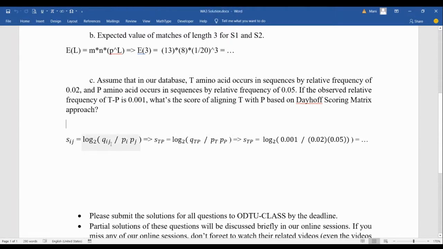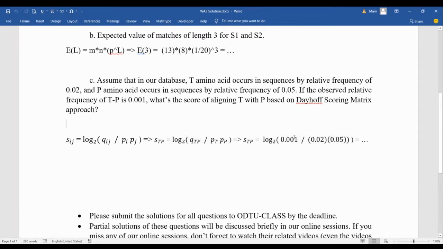So Q is related to aligning two amino acids, for example, T with P again, over the marginal probabilities, like for relative frequency of P or relative frequency of T. And that's what we are calculating here. The base is always 2. And here we have finally the assigning values to the notations.